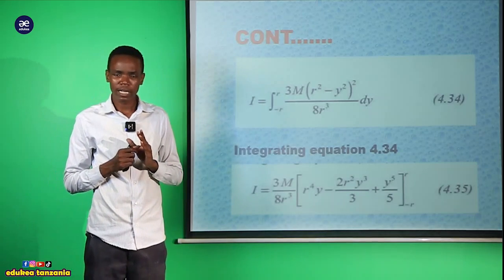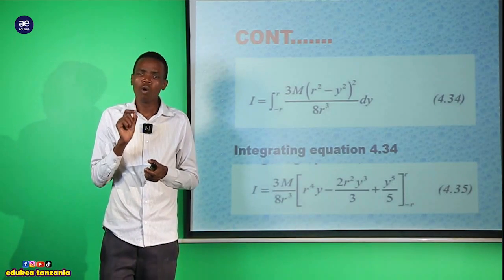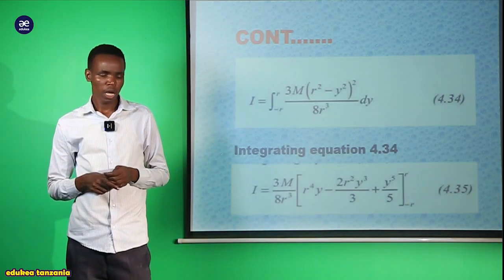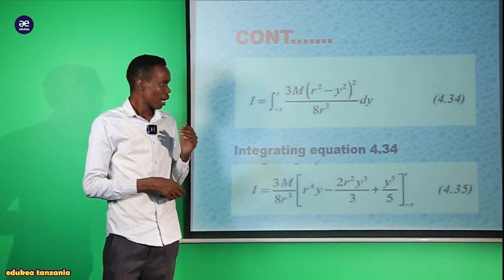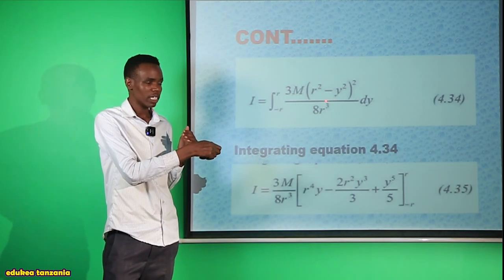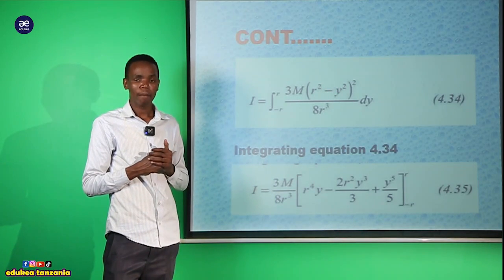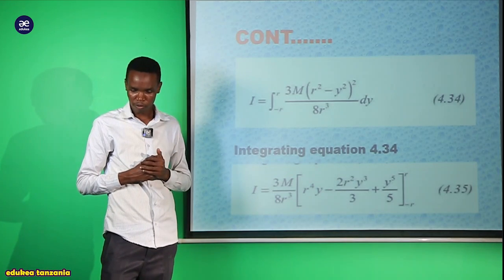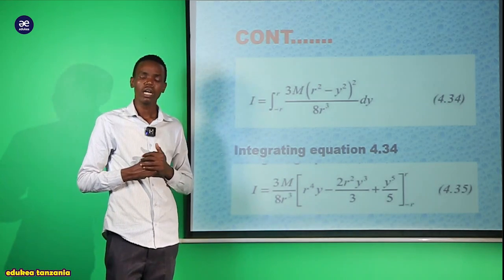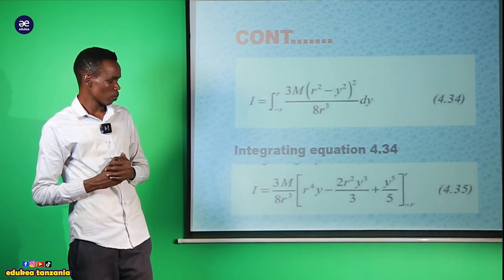After expanding, we should introduce the integral for each value with respect to dy. If we integrate, as I told you, after expanding this one, it should give us r power 4. Then we minus it by 2r power 2 y power 2. Then we add it by y power 4 here. Now, after this one, my dear student, what are we supposed to do?